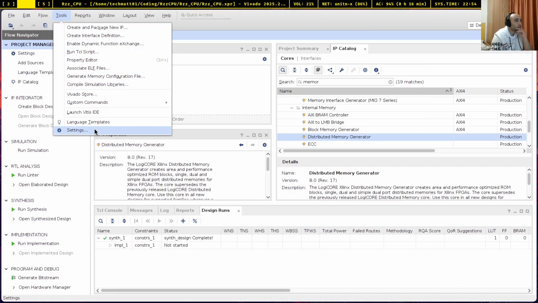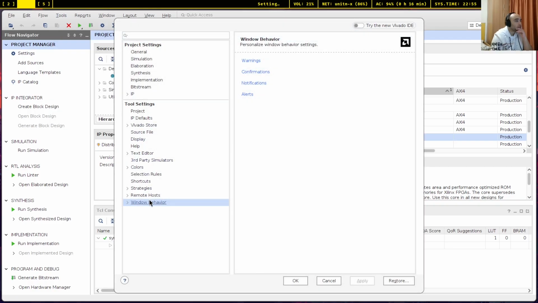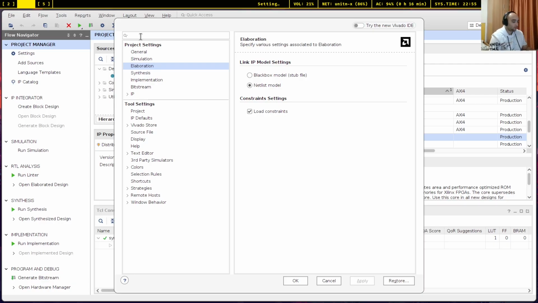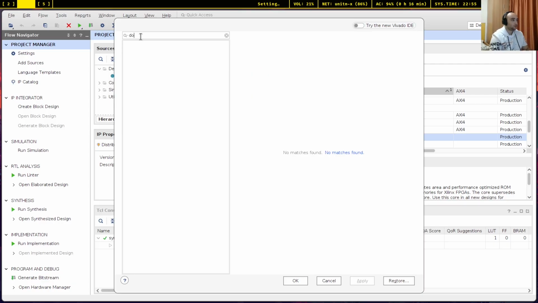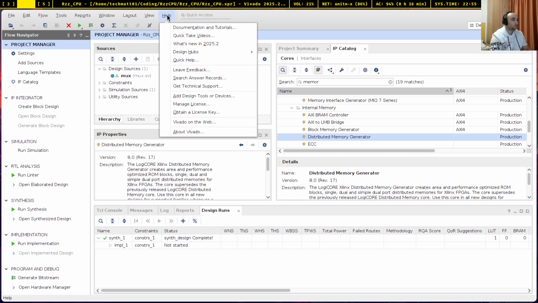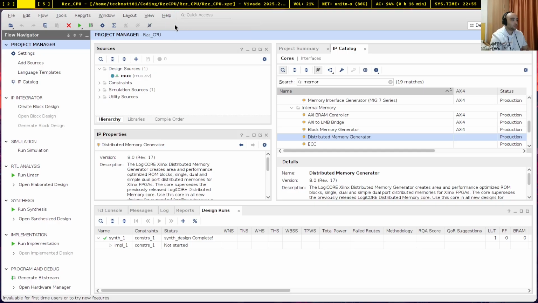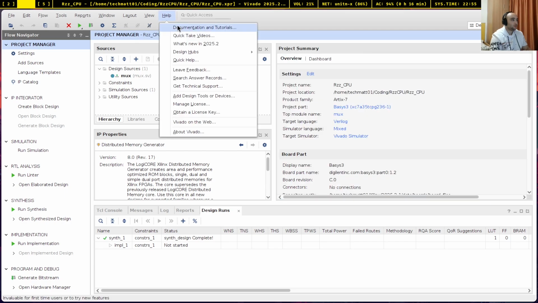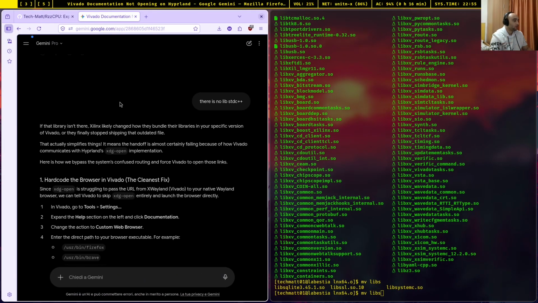Tools, settings. There is no help. No, it's not working.